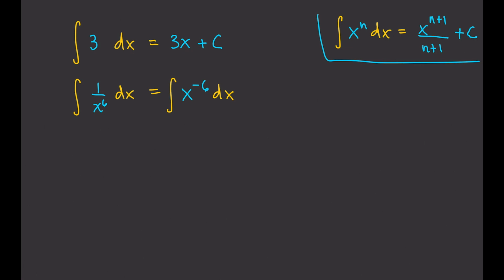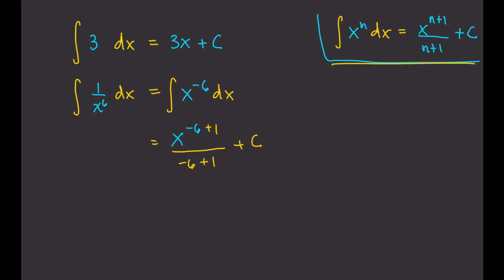And so all we need to do is just follow the rule. So it will be x to the power of negative 6 plus 1 divided by negative 6 plus 1 plus c.